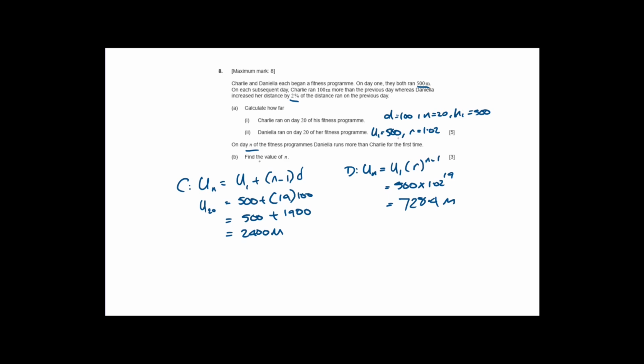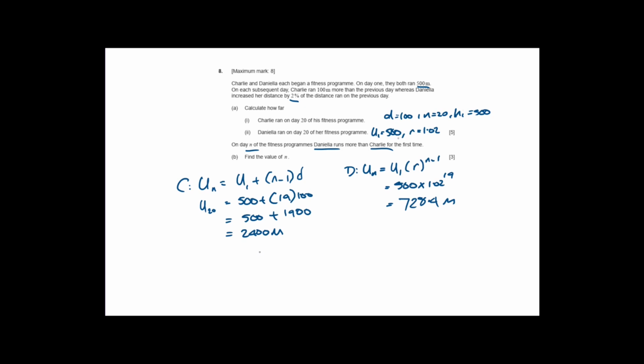Okay, so on day N of their fitness, Daniela runs more than Charlie for the first time. So note on the first day, they both run 500, but 500 is equal to 500, so it's not more. So we need to find that sort of cutoff where Daniela is running more than Charlie.